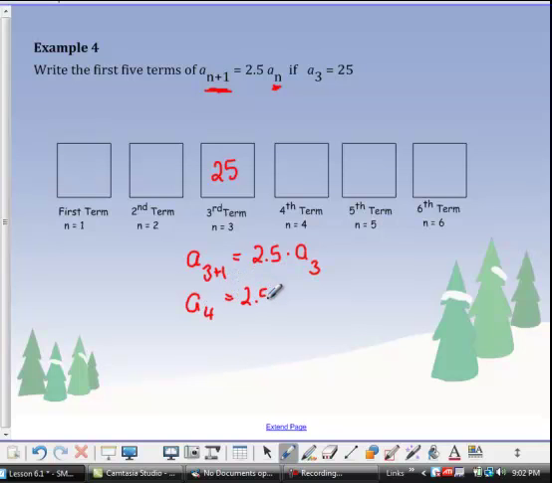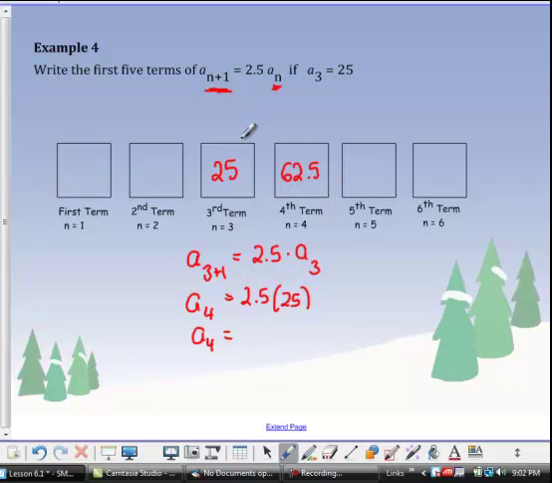And to find the fourth term, I take 2.5 and I multiply it by the third term, which is 25. So the fourth term is 2.5 times 25. So that would be 62.5. Awesome. That's how I find each term.